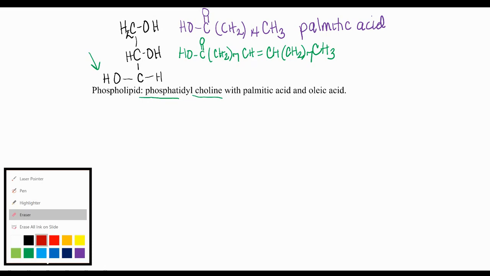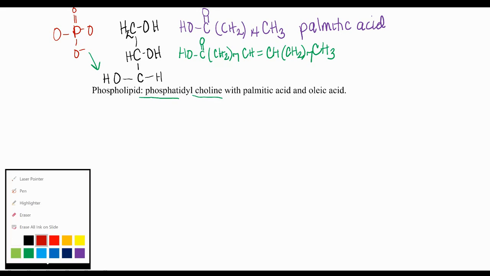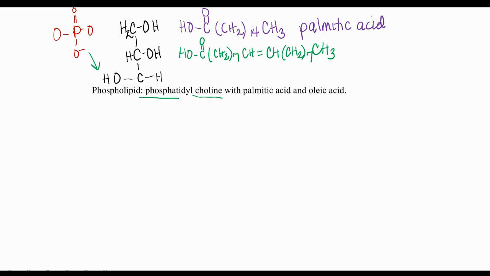Let's see, I guess I'll do red. So here's phosphate. And then for choline, we can do another color. Guess we'll do blue. So for choline, I'll write it over here.